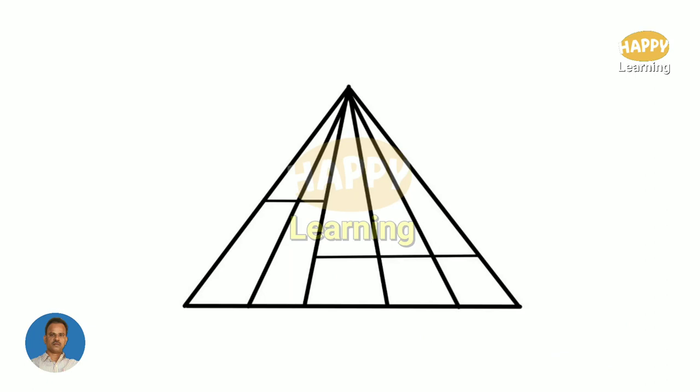So now let us find the total number of triangles in this given figure. Let us give some numbers here. This is one triangle, this is second one, this is third one, this is fourth one, this is fifth one. To the maximum height I am taking.